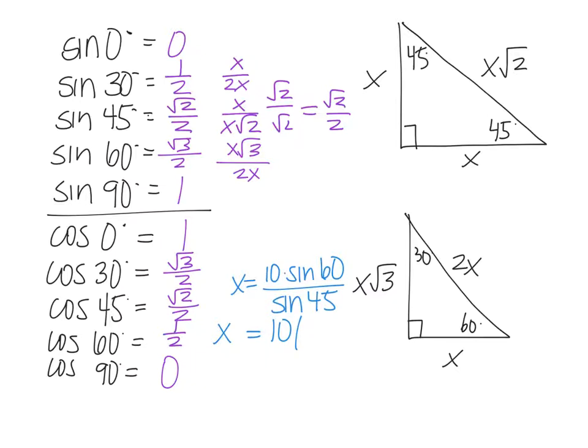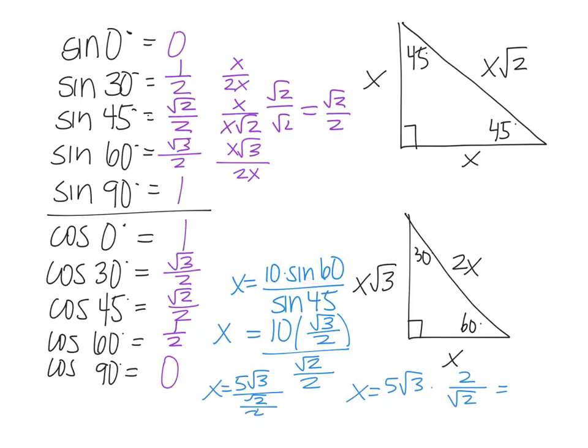I can replace sine of 60 with that, because we know that it equals that. So that would be square root of 3 over 2, divided by the sine of 45, which we found out is the square root of 2 over 2. So now we can simplify this. This is the same thing as 5 root 3 divided by square root of 2 over 2. And then we keep, switch, flip. So 5 root 3 times 2.